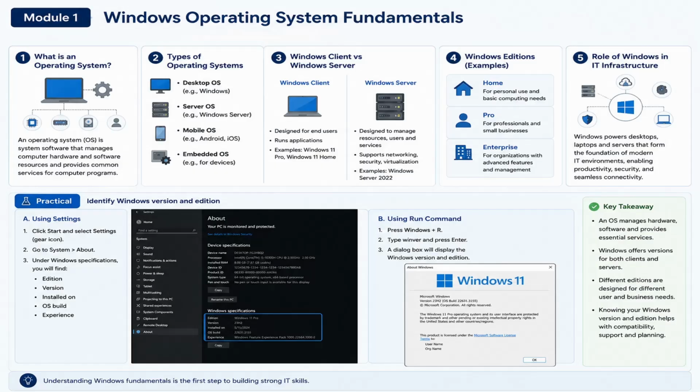Now let's do a practical exercise to identify the Windows version and the edition. Okay, so you can follow this on your device as well while I'm doing. Okay, let's do this.